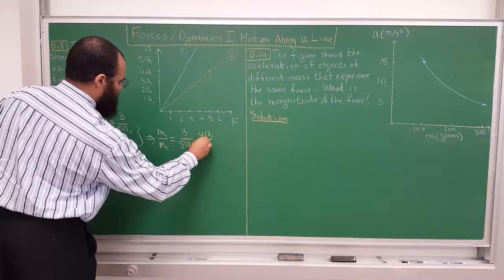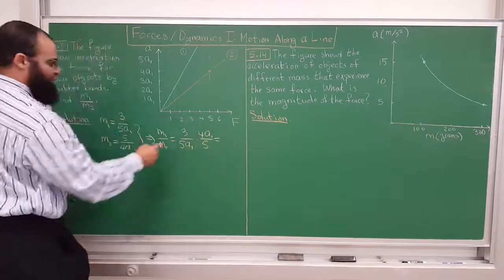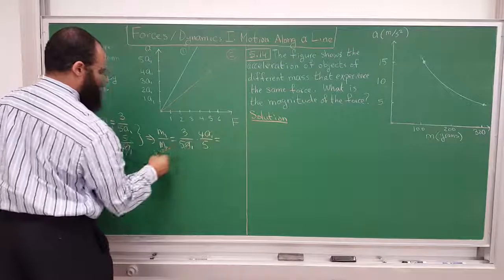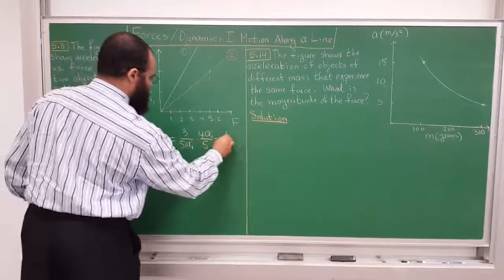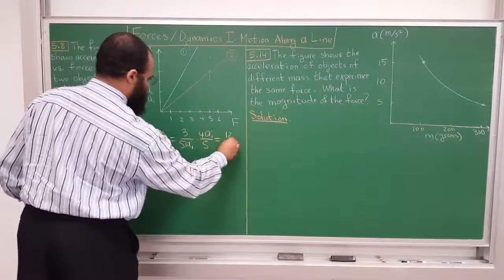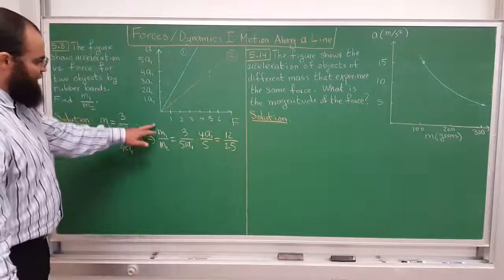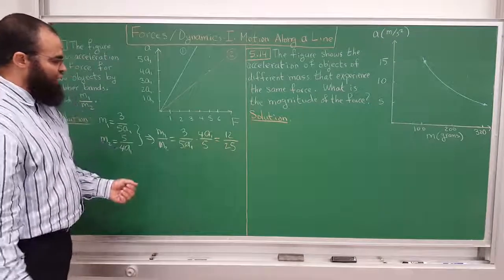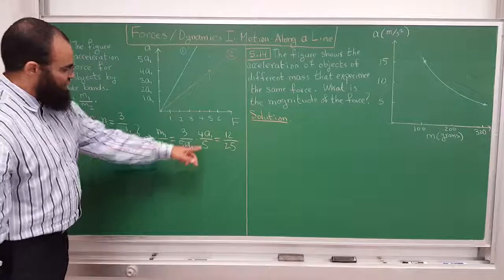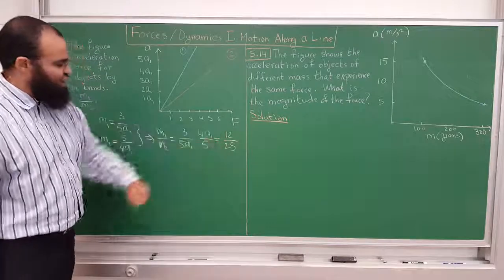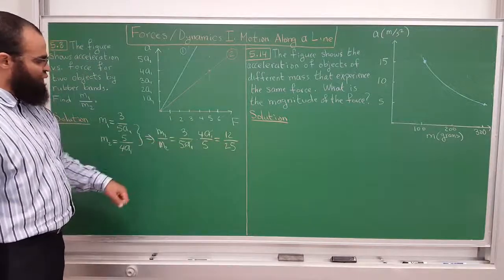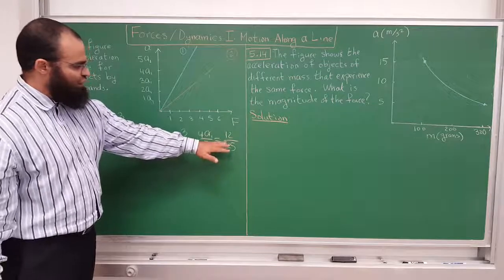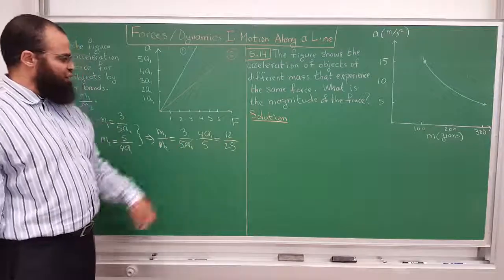The a1's cancel. 3 times 4 is 12, and 5 times 5 is 25. So the conclusion is m1 over m2 is 12 over 25, meaning m1 is slightly less than half of m2, because 12 over 25 is slightly less than 0.5, right?